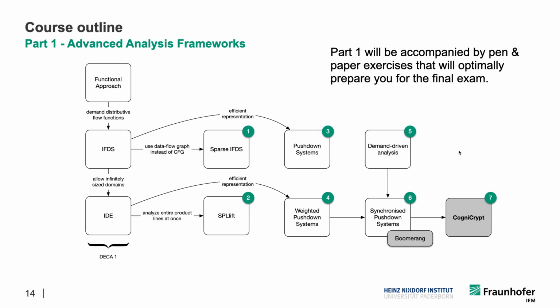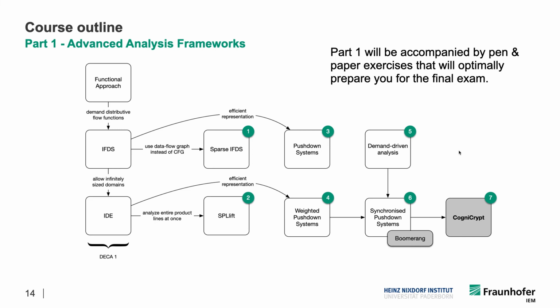a particular demand for the analysis. So for instance, let's say you want to identify misuses of cryptographic APIs, as we've done in the past. Then it might make a lot of sense to identify calls to these APIs in the first place, and then do a very targeted demand-driven analysis of the code that surrounds these particular method calls.